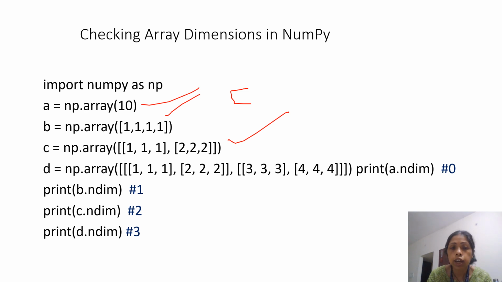One square bracket holds one row of elements, and another square bracket holds another row, and in between these two rows you put a comma. After that you put an outer square bracket. The syntax is like that for creating a two dimensional array. This is two dimensional, this is one dimensional, and this is zero dimensional.